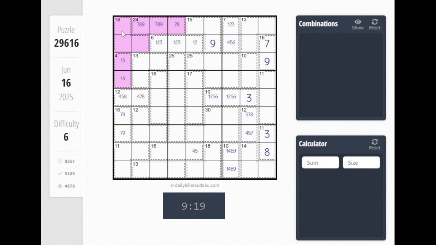And then to eliminate the 9, oh, wait. Okay, see, this is why I like talking through my stuff. Okay, so to eliminate the 9, so we know 9 can't be here, so 9 would have to be one of these 3 boxes. This is why I talk through, right?